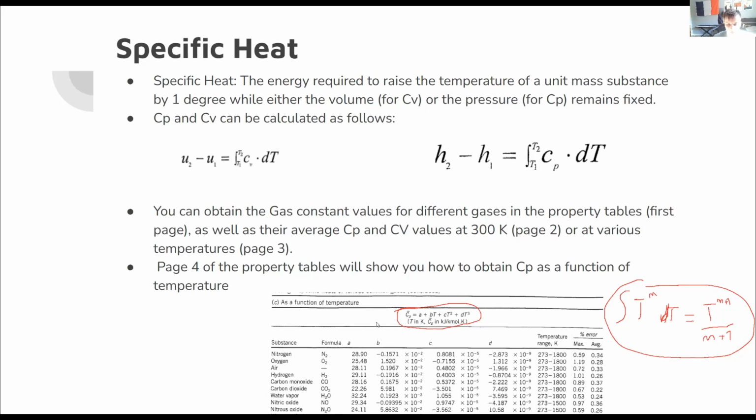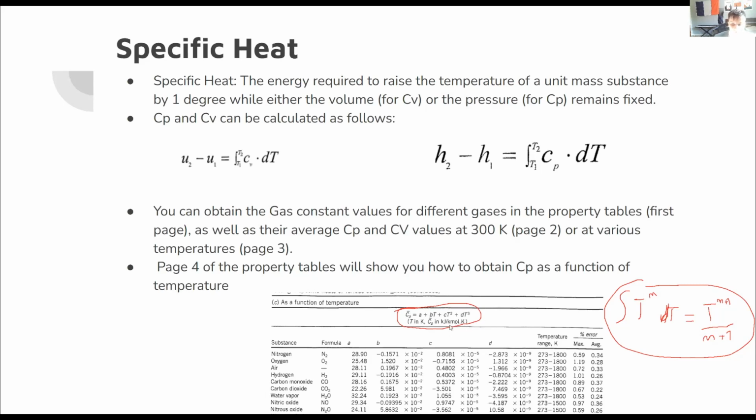Now, just a reminder. For example, if you're studying oxygen, you use this equation and you plug in the constants A, B, C, D, with these values right here that align with oxygen. Now, be careful about this: the CP value that you'll get if you use this equation is in kilojoule divided by kilomole times Kelvin.